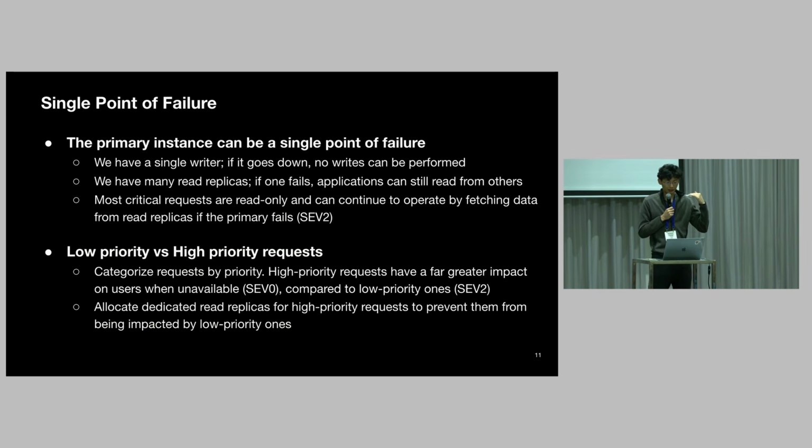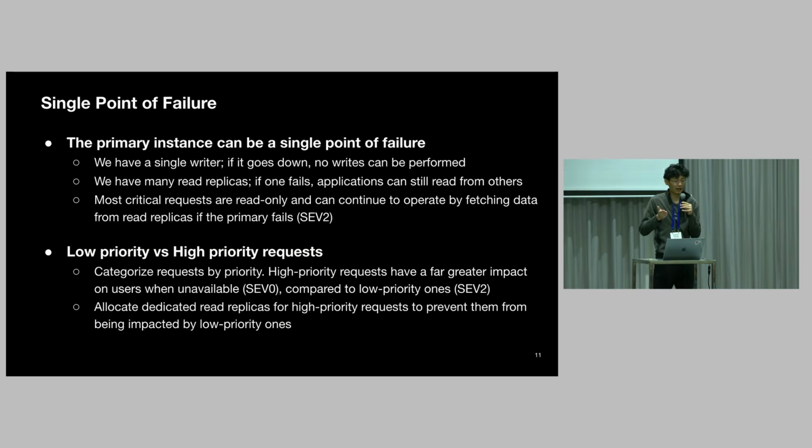One thing we did is that we found that most of our critical requests are actually read-only, and they only need to get data from read replicas. Which means that if the primary is down, most of the critical requests can still get resolved from read replicas.